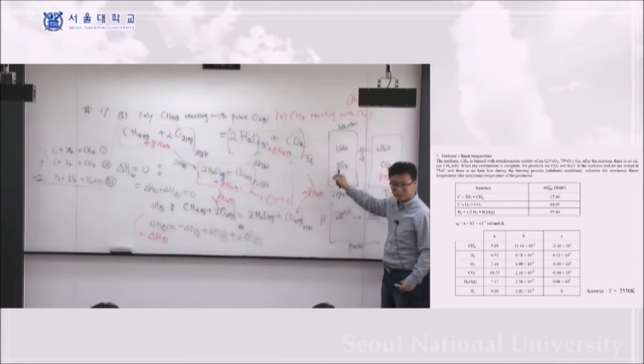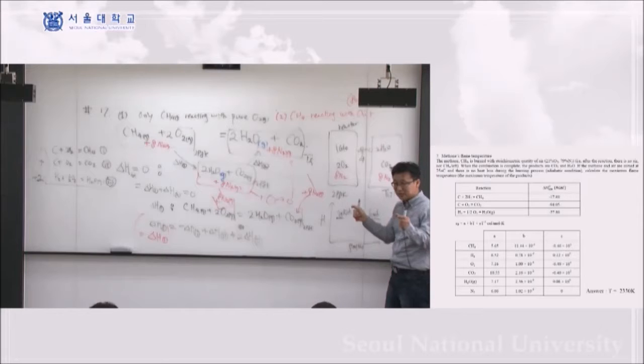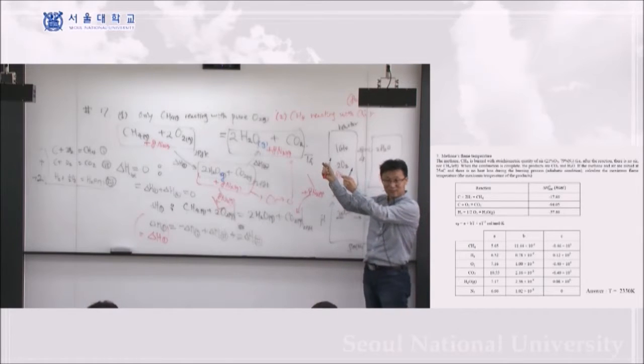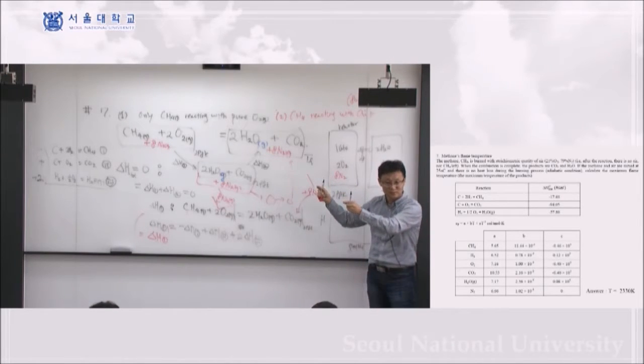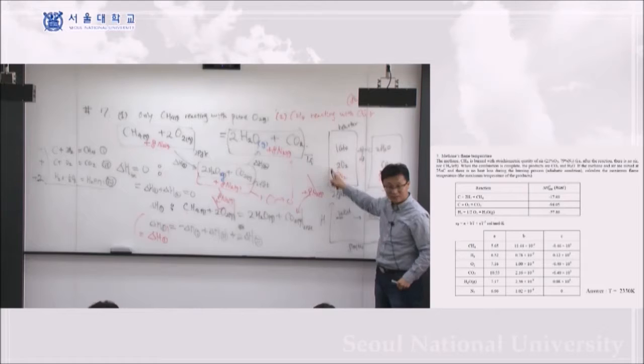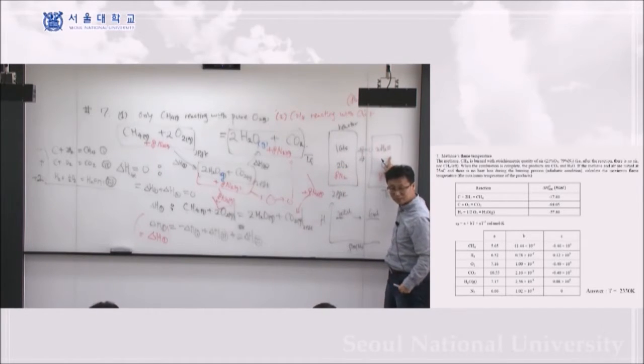If the reactor material Al2O3 is increasing simultaneously to the final temperature, then you have to add additional reactor material in the initial state, and reactor material in the final state as well, and then the heat loss. You get it?